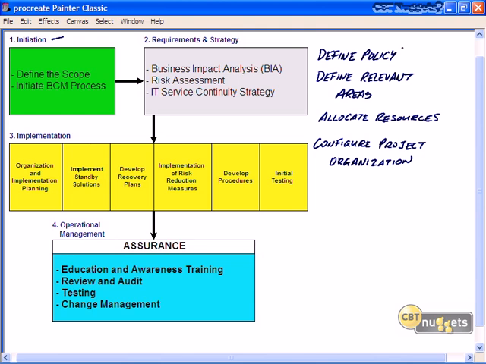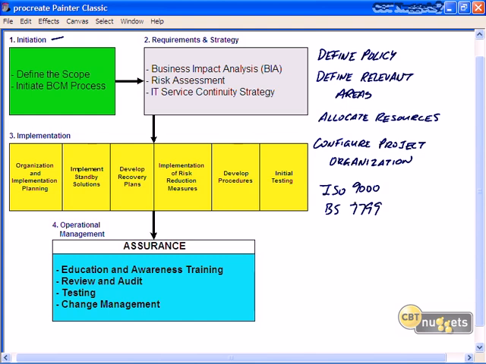When you define the scope, you're going to first define the policy as soon as possible and communicate it throughout your entire organization, with management showing a deep commitment to the policy. Then you'll define the scope using relevant areas. You're going to isolate the relevant areas of your organization where continuity and disaster recovery has to be applied. You may also integrate standards like ISO 9000 and BS 7799.